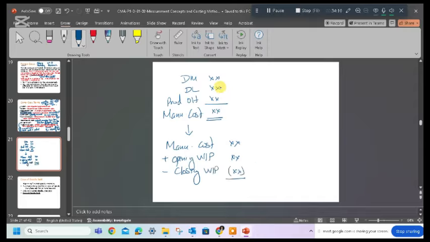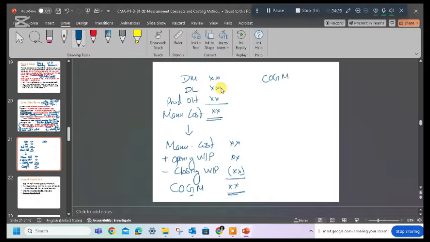Do this adjustment, and what you get is COGM, cost of goods manufactured. The manufacturing cost alone is not cost of goods manufactured, because it might include the cost of part completed items also. So I have to adjust for the part completed items, then we get cost of goods manufactured.